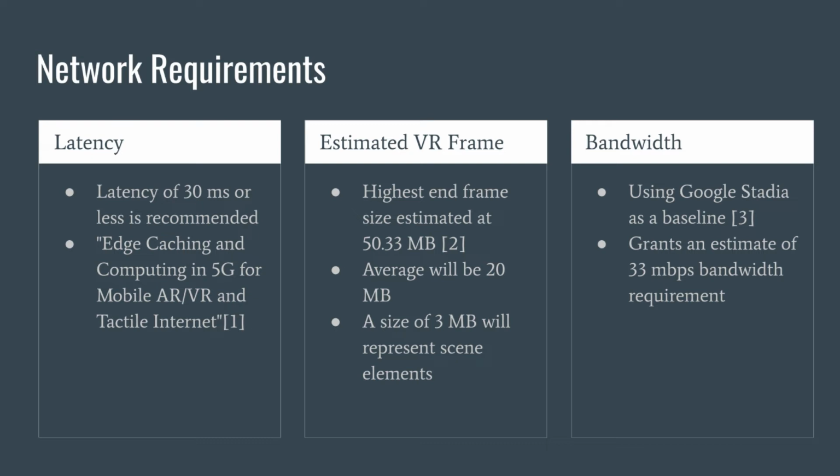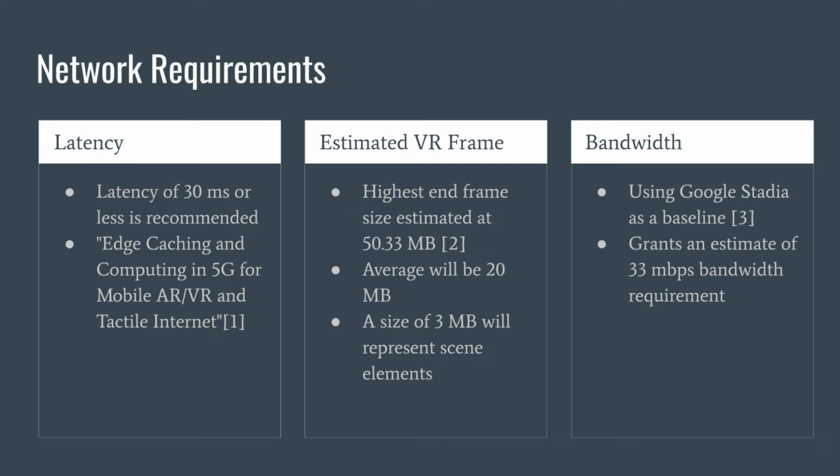The estimation for an individual VR frame is quite difficult and is subject to a large range. A major issue is that any frame rendered in VR is rendered in a higher resolution than anticipated due to there being one screen per eye.